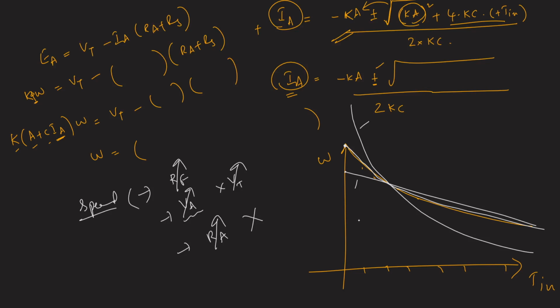So the same methods are used as in the shunt machine for a compound motor as well. Right, so I'll just stop this discussion here.